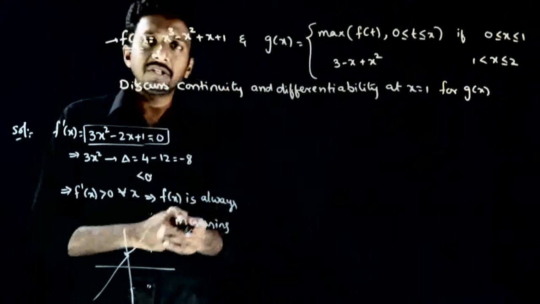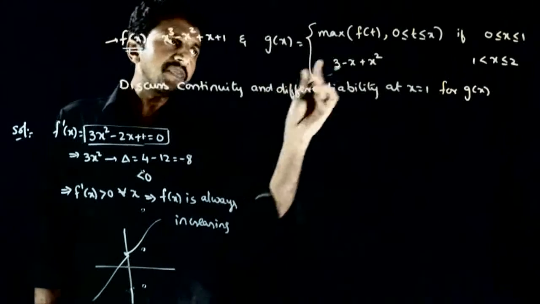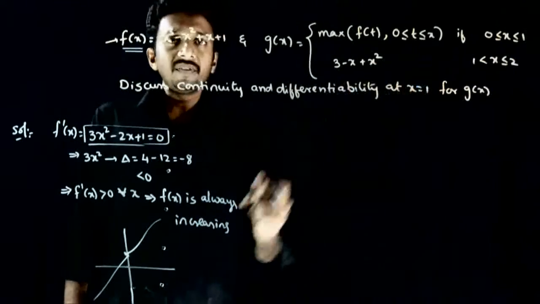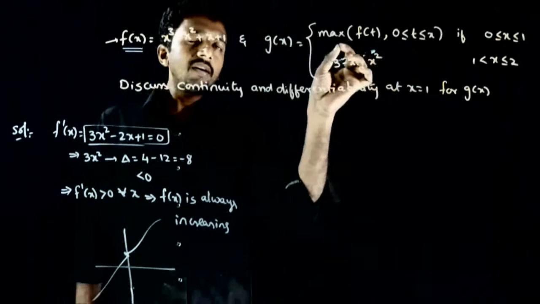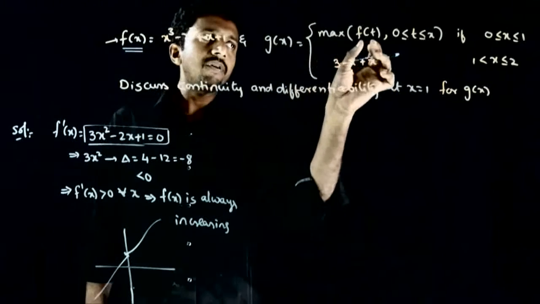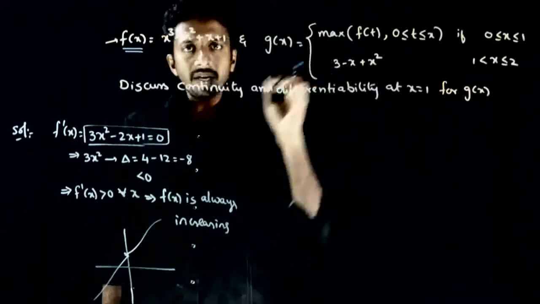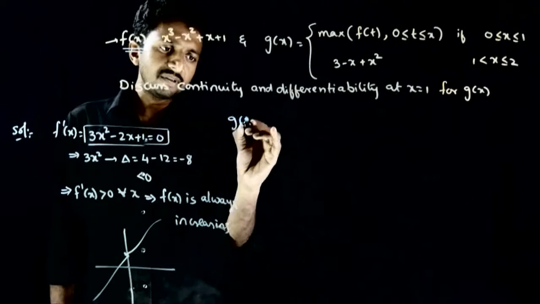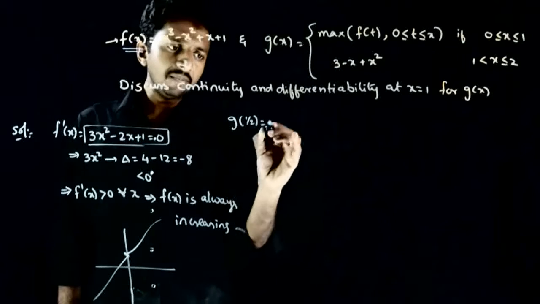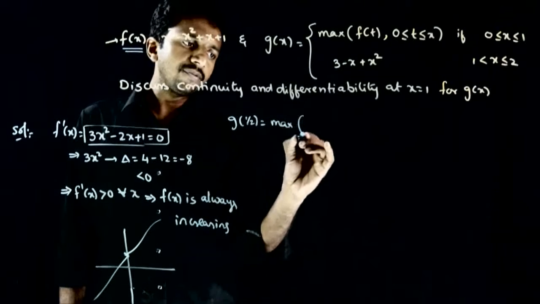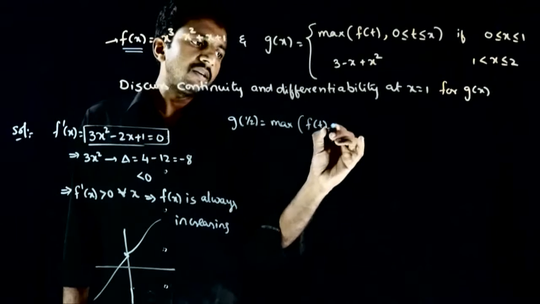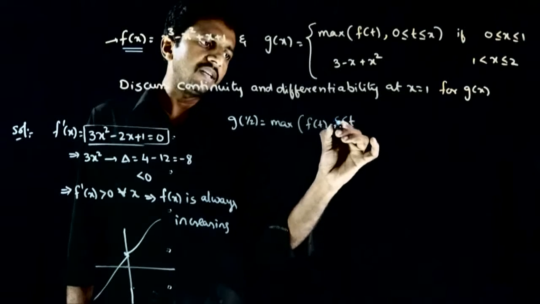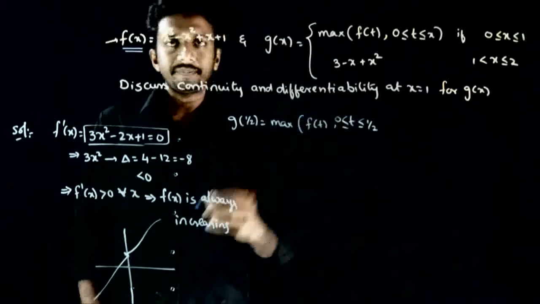Now let us go to the function g of x. g of x क्या है? If x is in between 0 and 1, g of x is maximum of f of t between 0 and x. So मान लीजिए, let us take an example. If I want g of half, that is nothing but maximum of f of t as t goes between 0 and half.